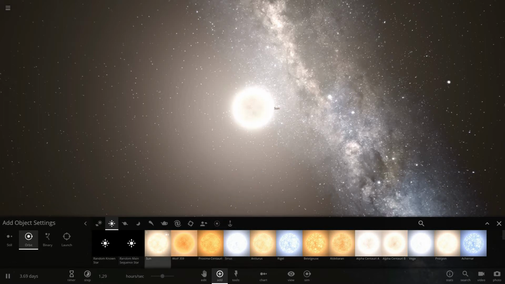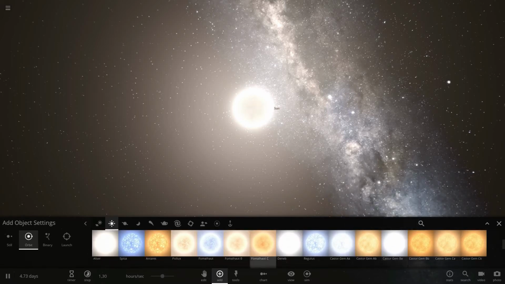I would say the Sun's probably a G4. Can I find a G4 here? That's M. That's M. That's K. But that's a red giant. That's an orange giant. F. So that's an F. K. K. A. A. B. Yeah.